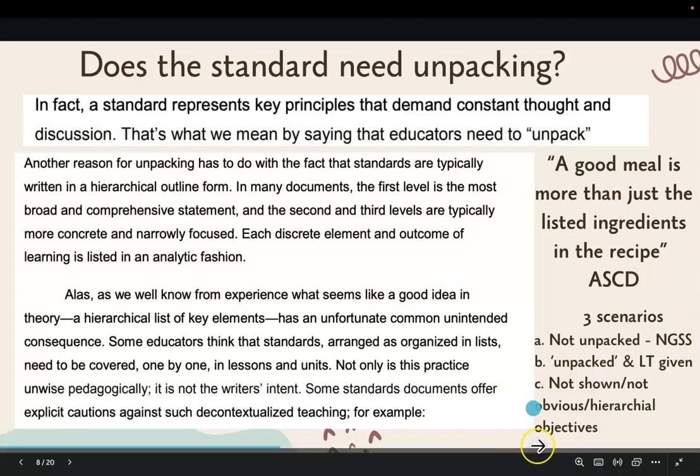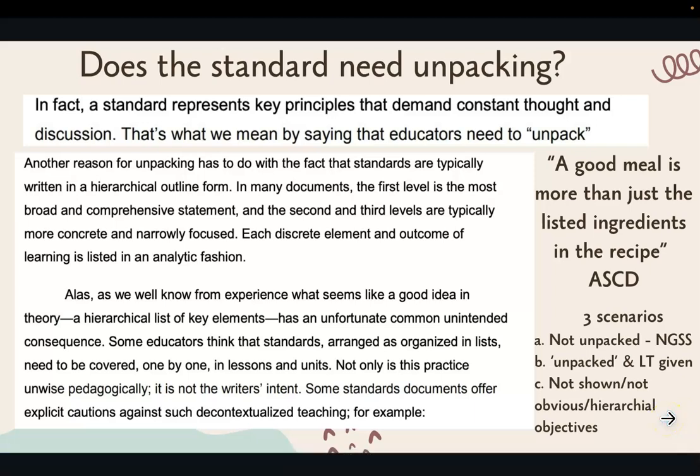So here I mentioned that, when you have your standards, you may have these different scenarios: not unpacked at all, like the NGSS document, or it's unpacked and the learning target is given. And in that case, I would say the team still needs to look at those learning targets and ask yourself the bigger question: where do these learning targets align?